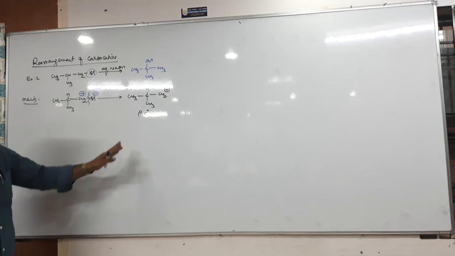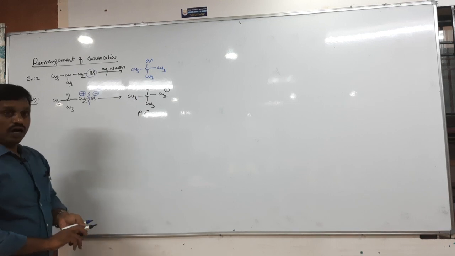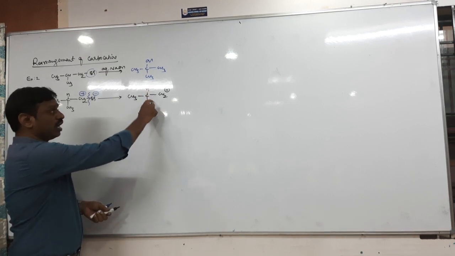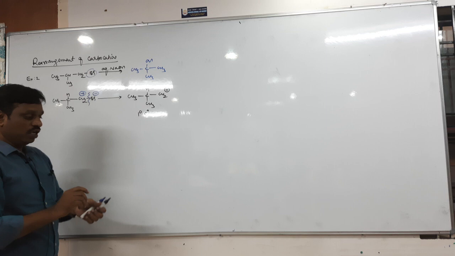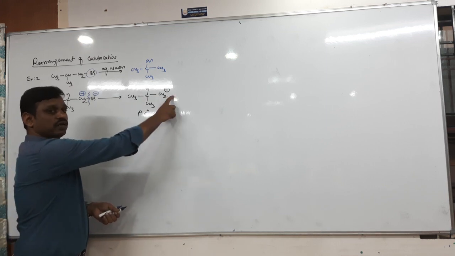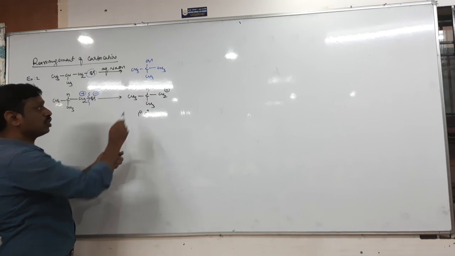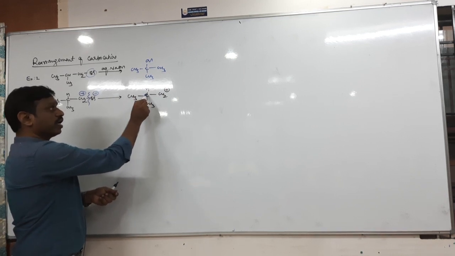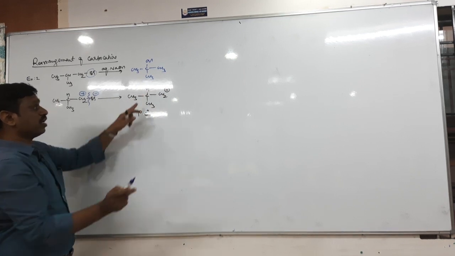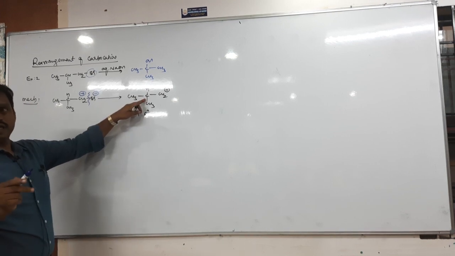Now tell me, you see the adjacent carbon. On the adjacent carbon there is a hydrogen and a methyl. Suppose if hydrogen shifted here, what do you get? Hydrogen completely shifted here, you will get the positive charge here. Which carbocation? Tertiary carbocation.